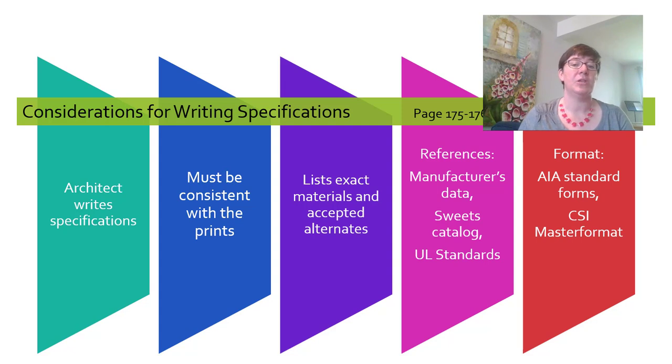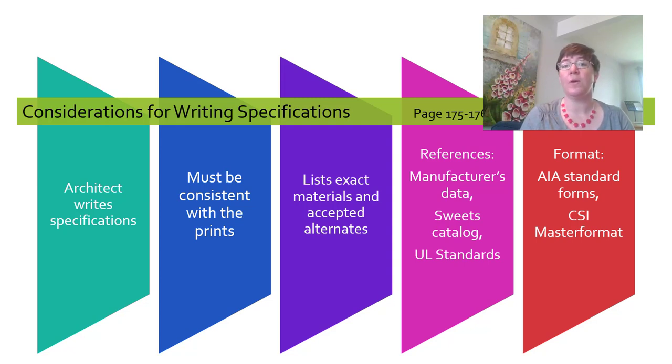In general, specifications list the exact material required, and sometimes it will list 2 or 3 accepted alternates. Some references that an architect can use when writing their specifications include manufacturer's data, Sweets catalog, which you're going to be using for the activity this week, and also UL standards or Underwriters Laboratories standards.